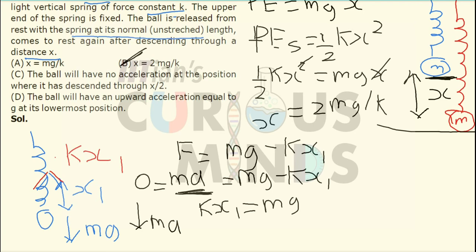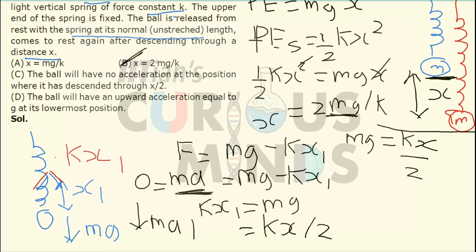Now mg can be written as kx divided by 2. So kx divided by 2 is equal to kx1, which implies x1 will be equal to x by 2. So our option number C is also correct.